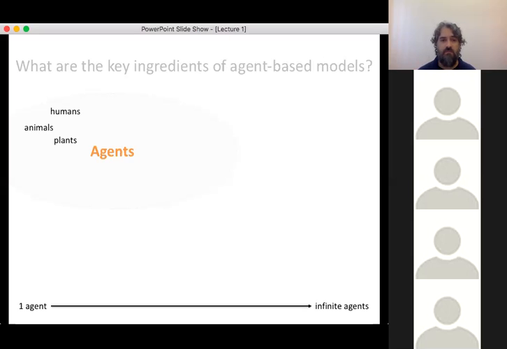Or animals, even plants. You can say, yeah, but plants are not moving, therefore why should I consider it an agent? Well, plants don't move, but for example, plants can reproduce, and they can have a reproduction pattern. You can think about forests, how they grow, how they interact, how different species of plants interact with each other in order to colonize the forest.